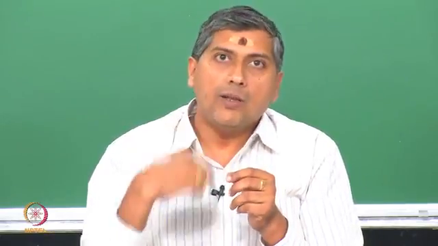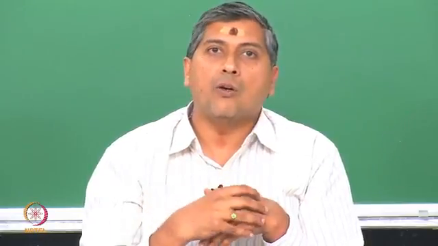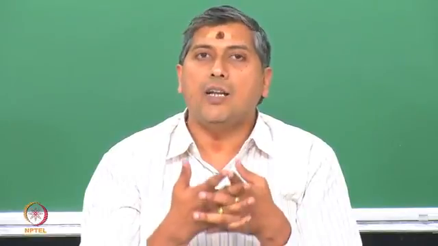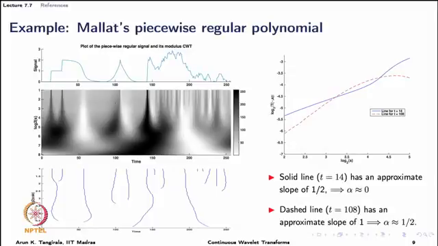It is better to always look at the Holder exponent also to get a feel of what kind of discontinuity it is, whether it is a singularity or some other kind of discontinuity. So wherever there is a jump in the signal, you see this feature of CWT converging from coarse to fine scales.